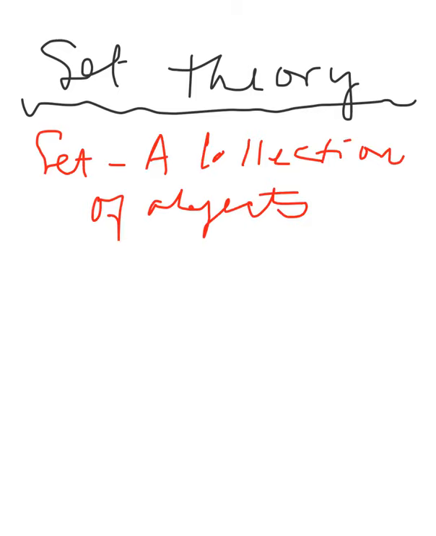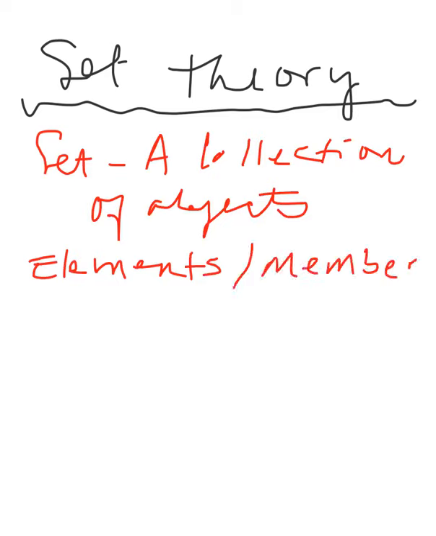When we talk about a collection of objects, those things that are in the set, they're referred to as the elements, okay? The elements or the members of the set. So basically, these are the objects in the set.